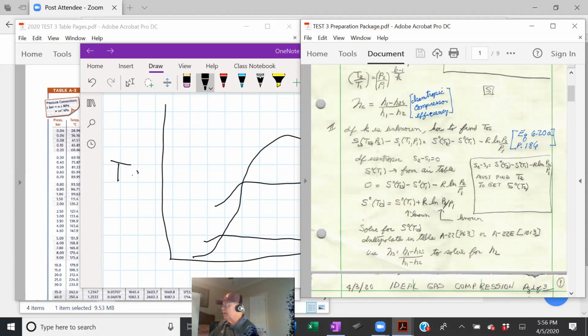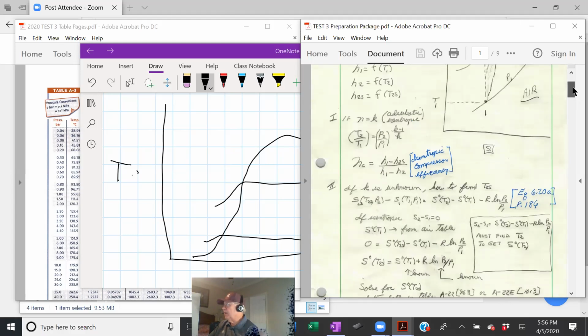But unfortunately, entropy is a function of both temperature and pressures. So we just can't look up entropy directly as we can enthalpy.